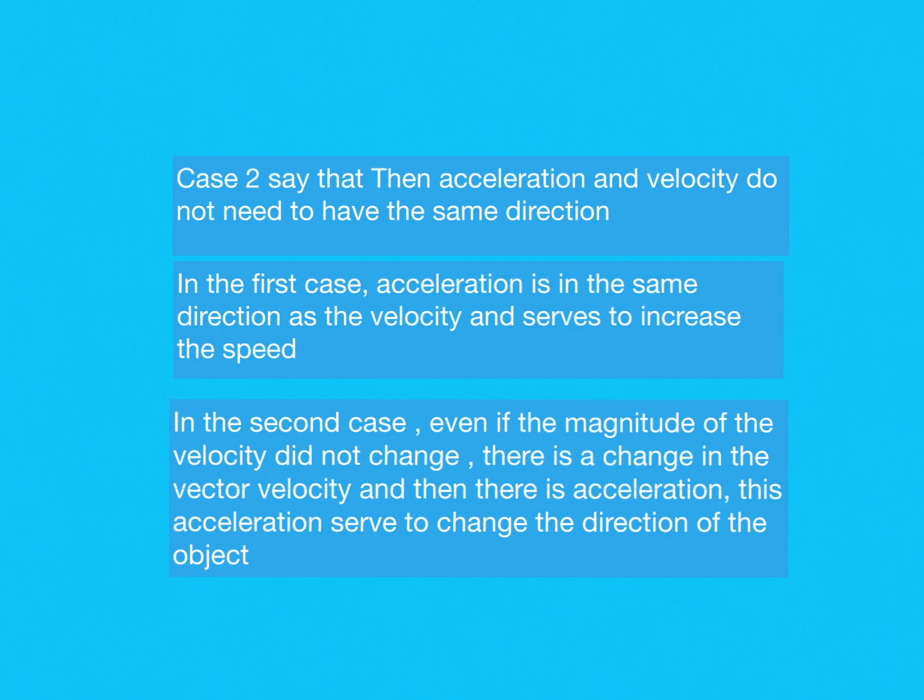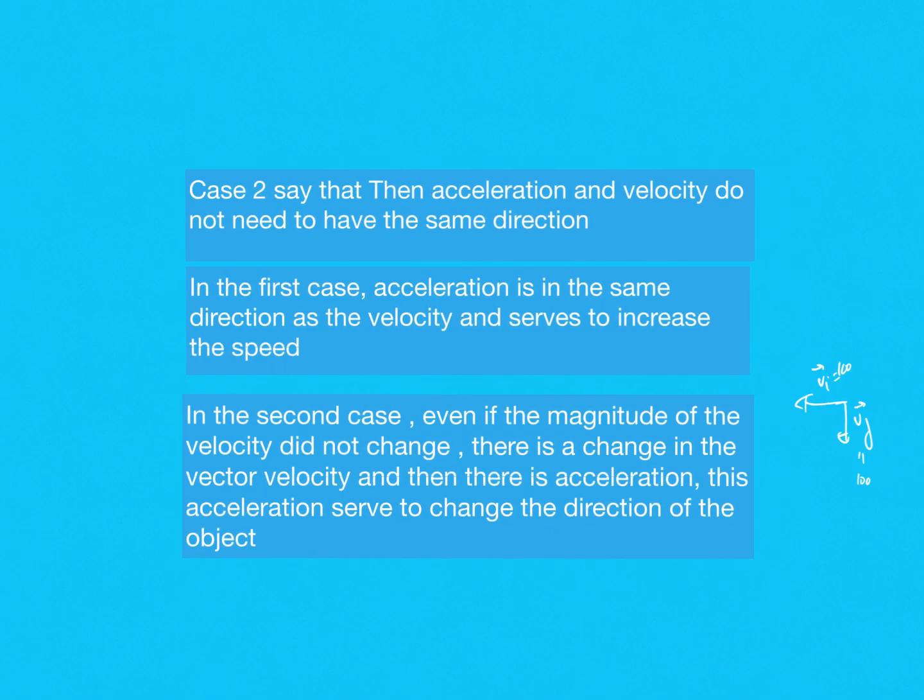Even if the magnitude of the velocity has not changed, there is a change in the vector velocity, because the vector velocity initially was going in this direction, and finally was going in this direction, so there is a change in the vector velocity, v initial, even if the magnitude is 100 meters per second here, and here is also 100 meters per second.